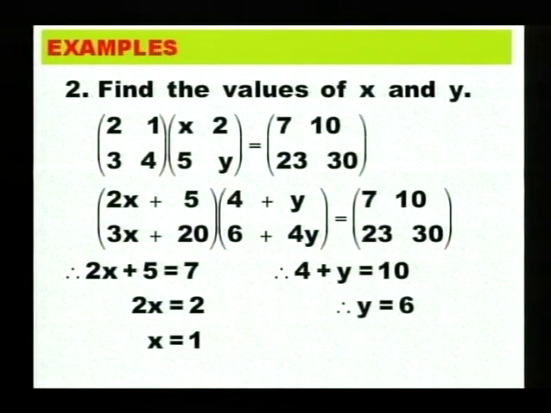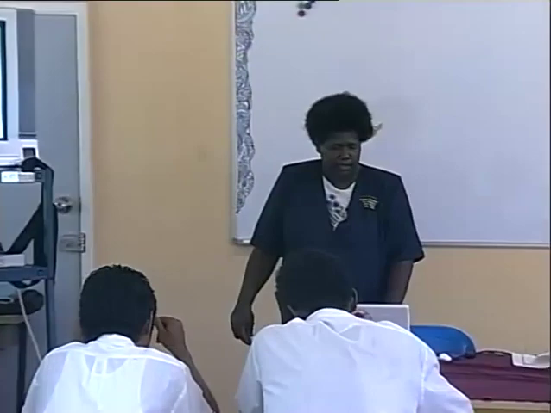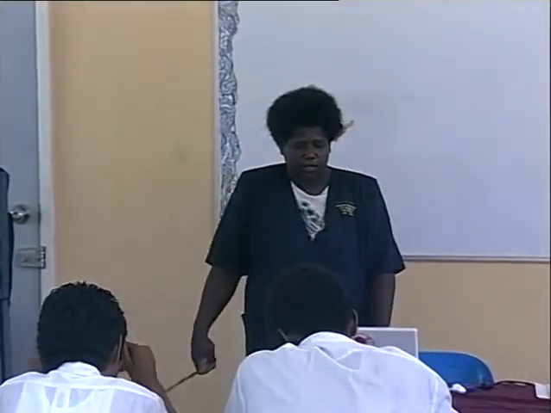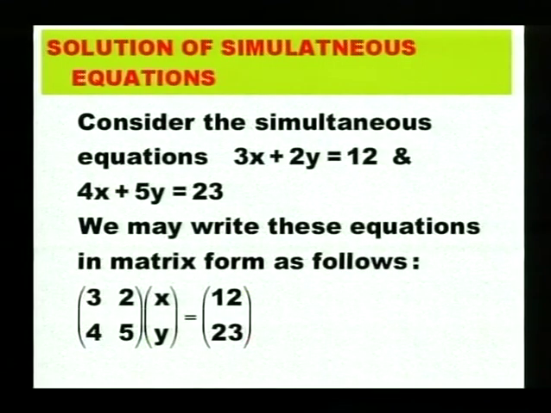Now we come to solving simultaneous equations using matrices. Okay, so consider the simultaneous equations 3x plus 2y equals 12 and 4x plus 5y equals 23.